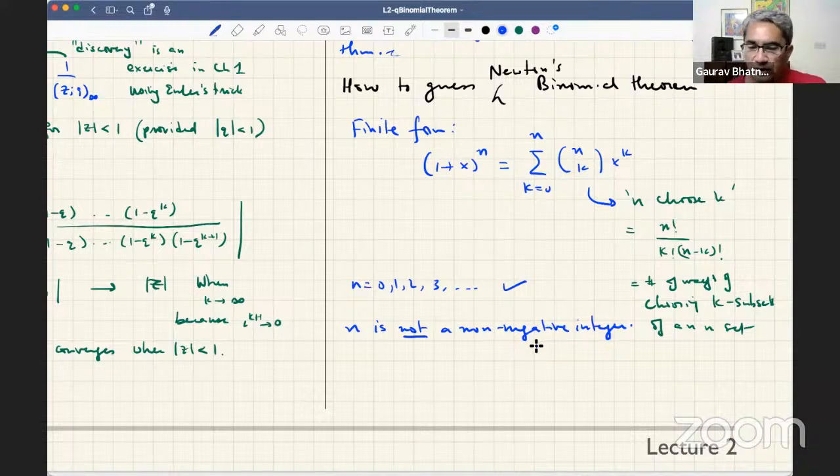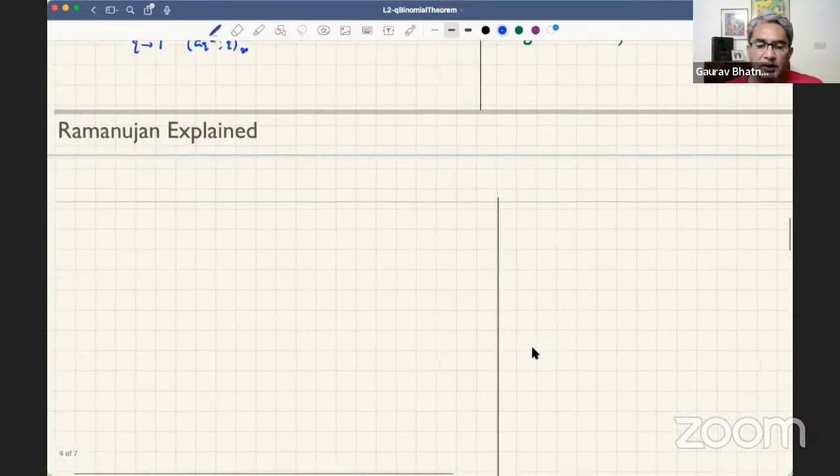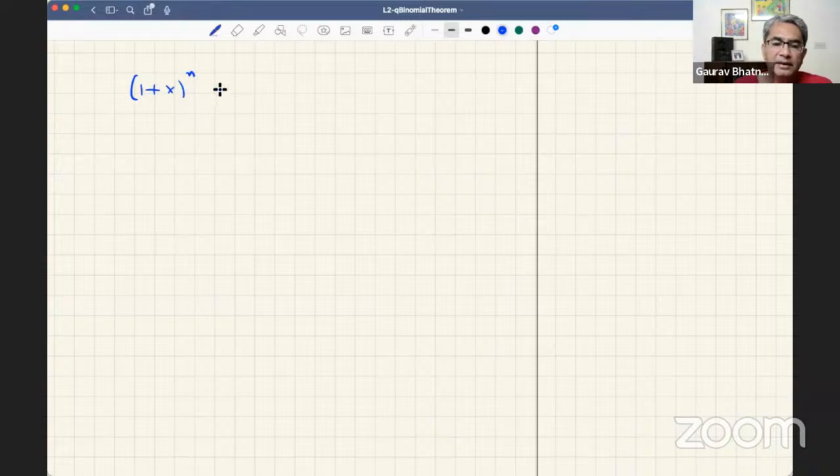So how do we guess a general result? That's the point. So let me write it again. It's (1 plus x) raised to the power n, which is equal to the sum over k going from 0 to n.